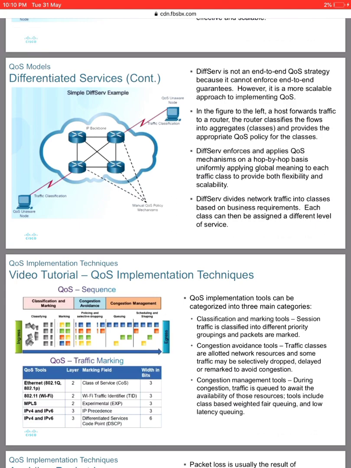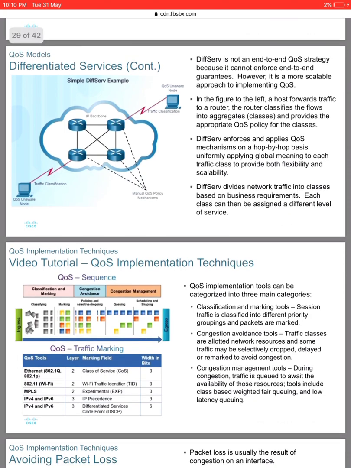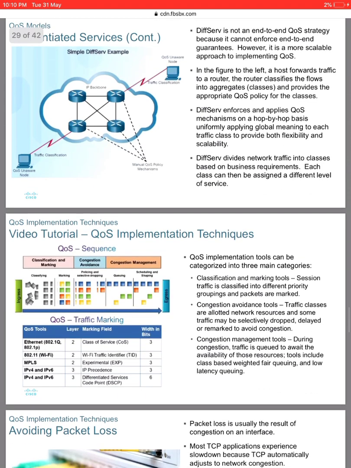DiffServ enforces and applies QoS mechanisms on a hop-by-hop basis, uniformly applying global meaning to each traffic class to provide both flexibility and scalability. DiffServ divides network traffic into classes based on business requirements. Each class can then be assigned a different level of service.